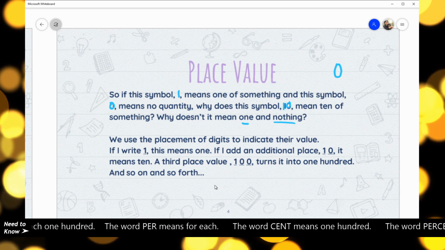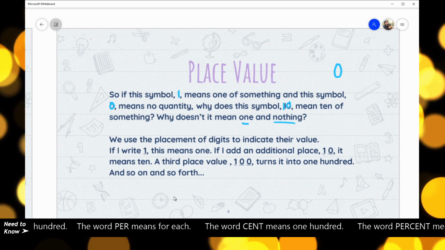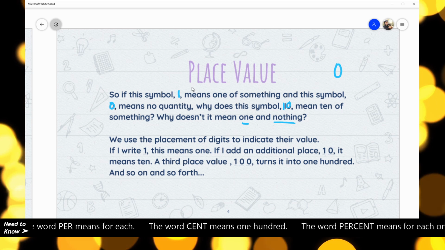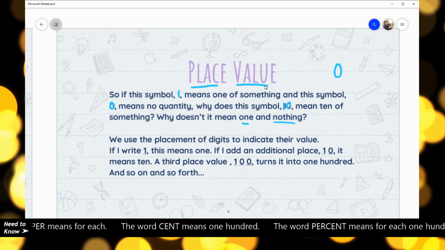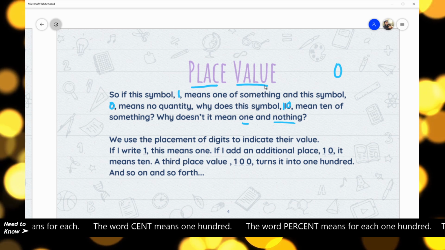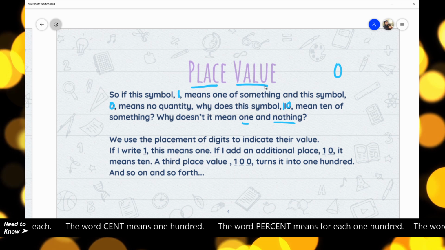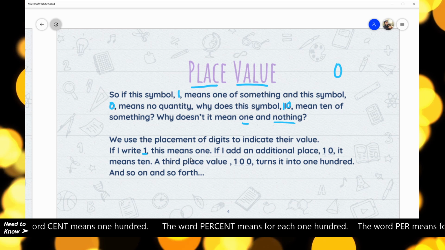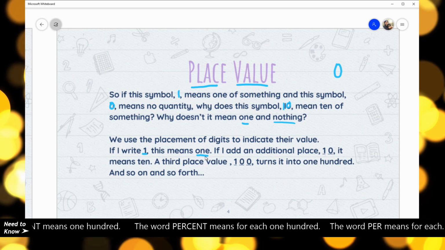Well, the reason it doesn't mean 1 of something is because of where the digits are placed. Where the digits are placed is the concept of place value. Every place that you put a digit has an inherent value, okay? So for example, if we just write a 1 and there is one place, that means a quantity of 1.